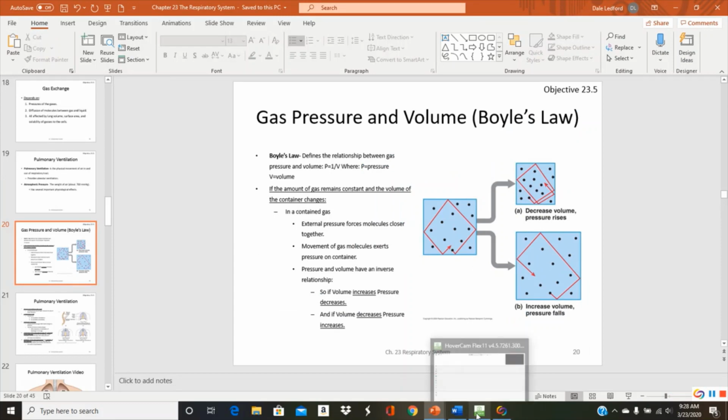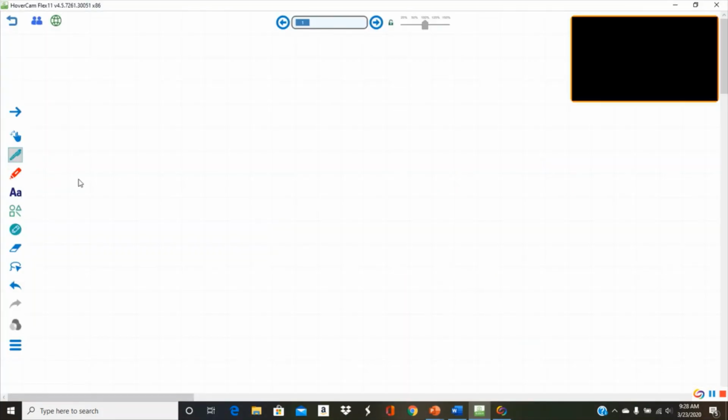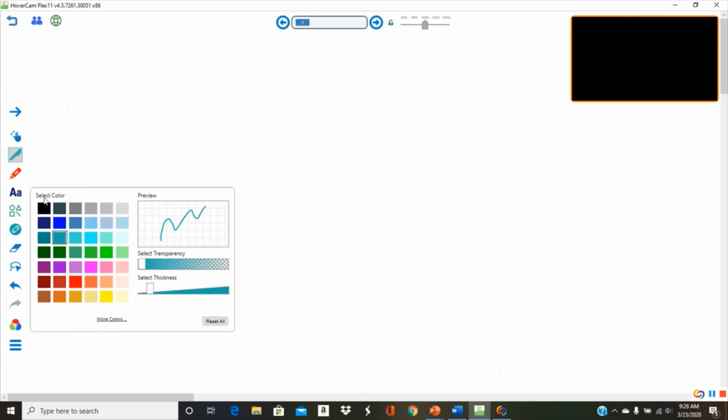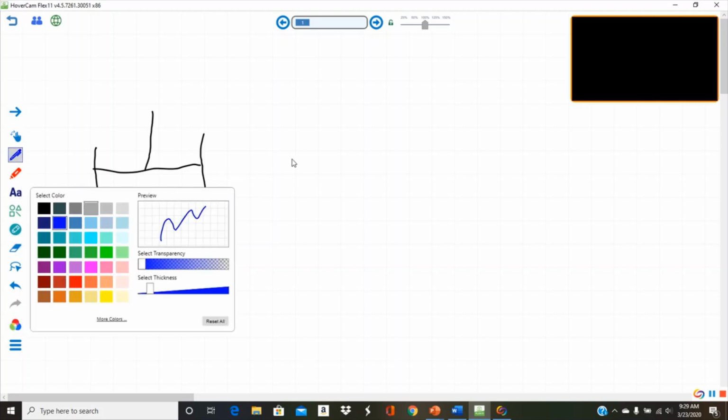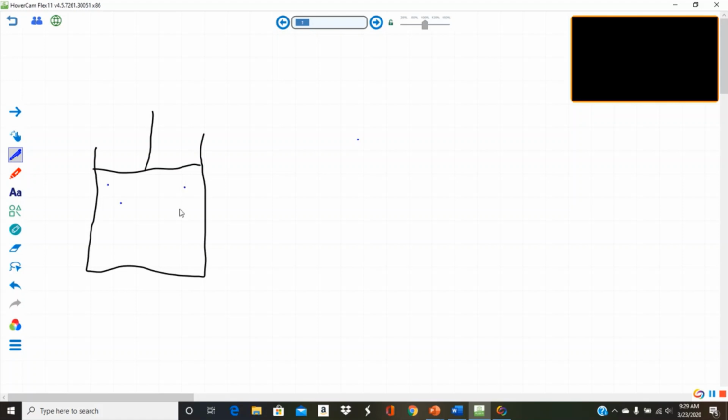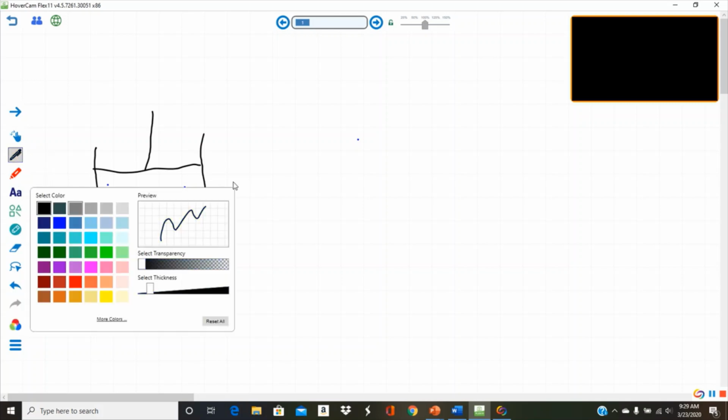Very important that we understand that if we have a box here, and I'm just going to try to help us understand it. If we had a box right here or a container, and let's say I had a piston on it, and we had some molecules inside of here, then we were to take the same exact box, except this time I am going to push the piston down.